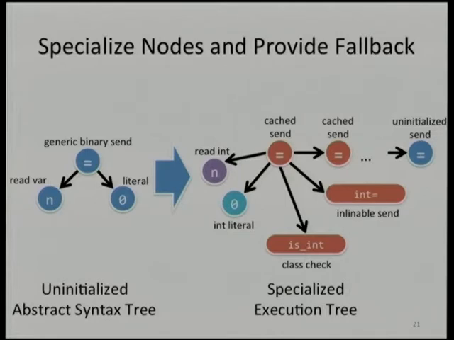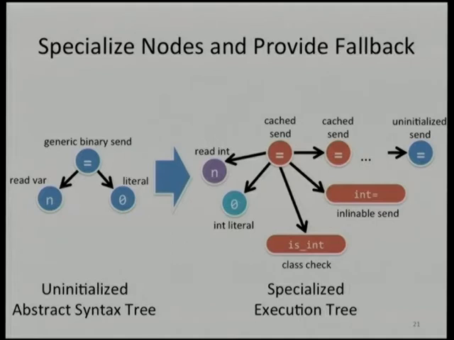So I'm only sketching how that works here, especially with the time constraint. The idea is really you have that AST here, and that's then specialized to an execution tree that has very specific nodes in there that really just perform the minimal operations or go to a fallback node.